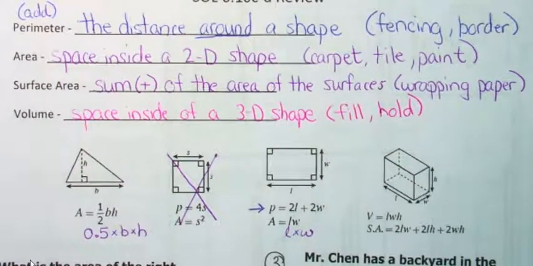The volume formula is only underneath the prism, so it only works with a 3D shape. You'll learn more 3D shapes in 7th grade, but for now the one we're working on is a rectangular prism. So perimeter, area, surface area, and volume are these 4 that we're looking at right now.